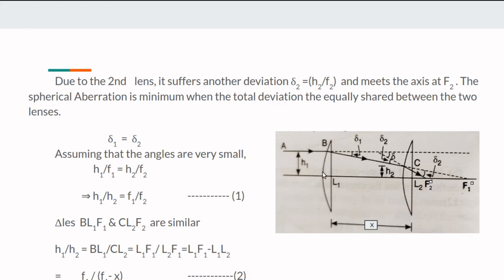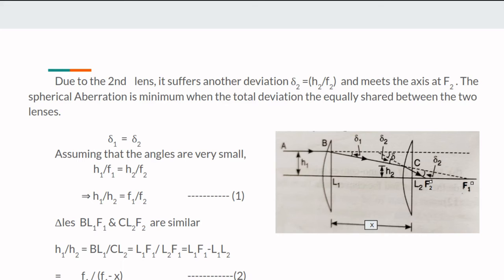If two angles in the two triangles are equal, automatically the third angle is the same. Therefore, these two triangles BL1 F1 and CL2 F1 are similar triangles.